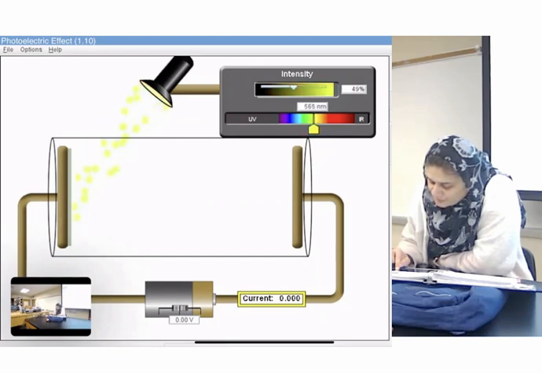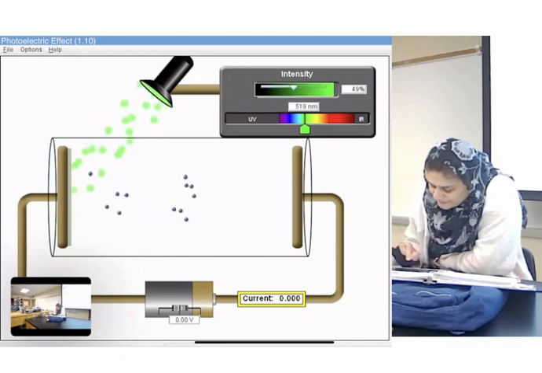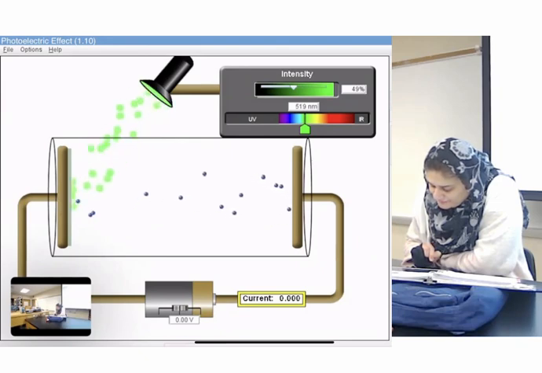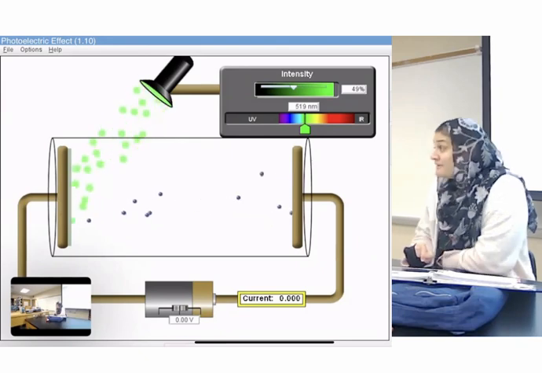Nothing. I'm almost at green. Something started happening. Okay, what do you notice about these electrons that are coming out? They're not moving very fast.